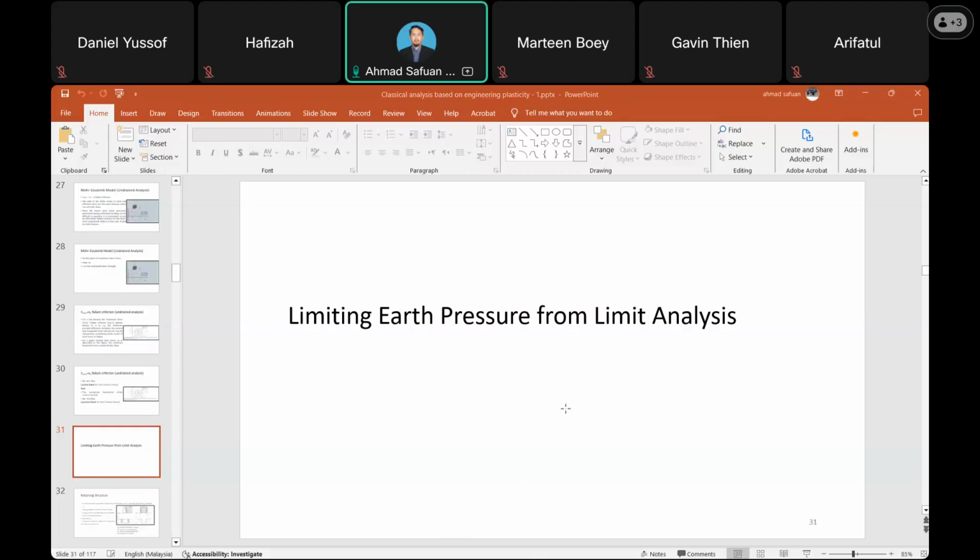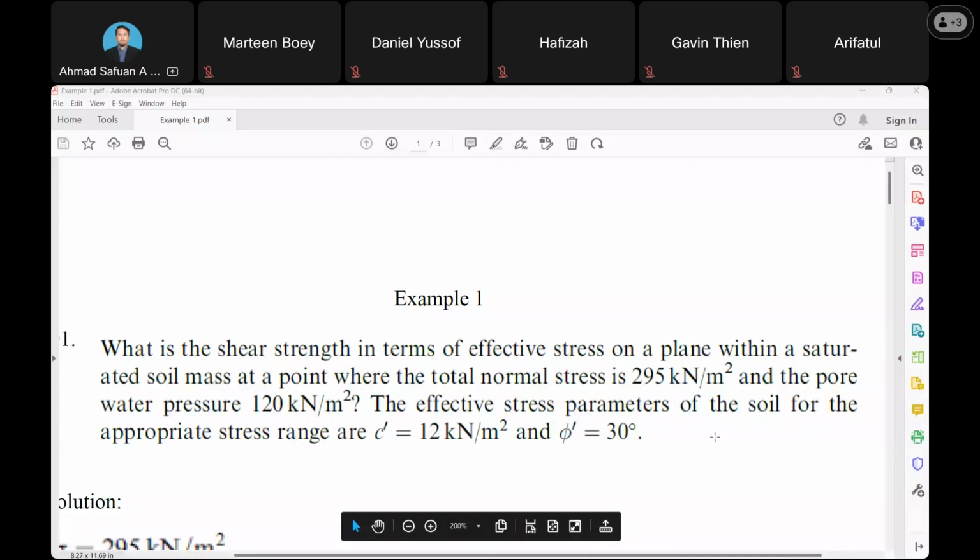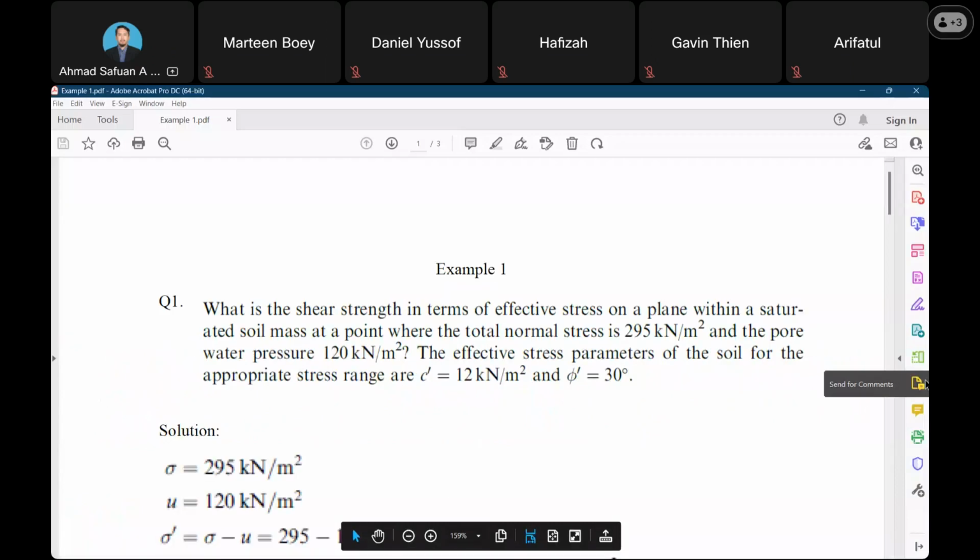You see the PDF file, or is it still in the PowerPoint? Let me stop this. Okay, so look at example number 1. I also gave the solutions there.